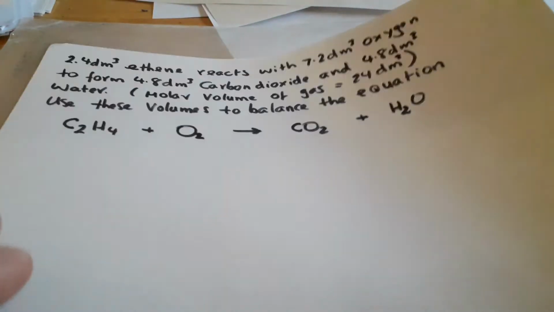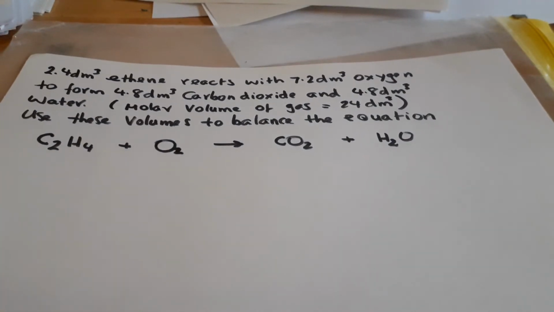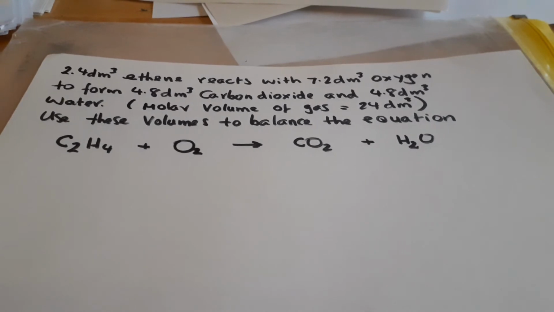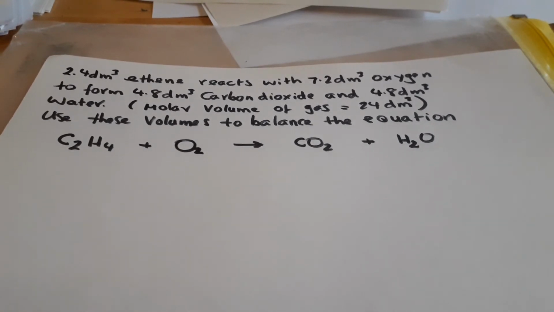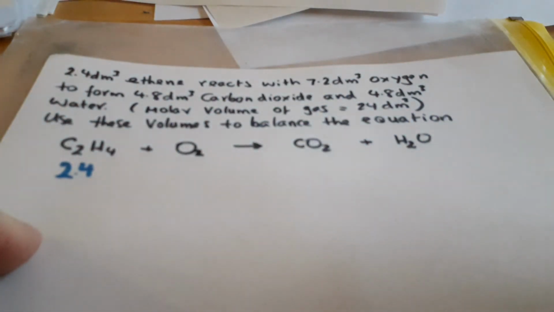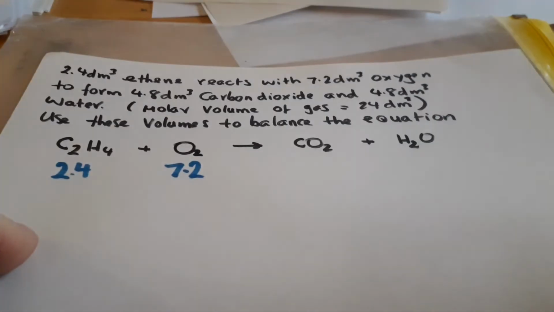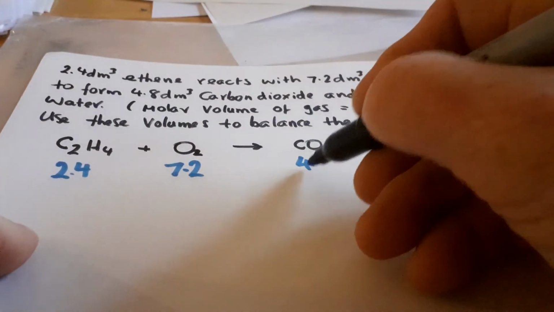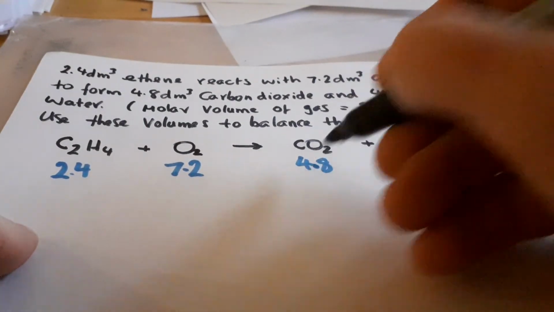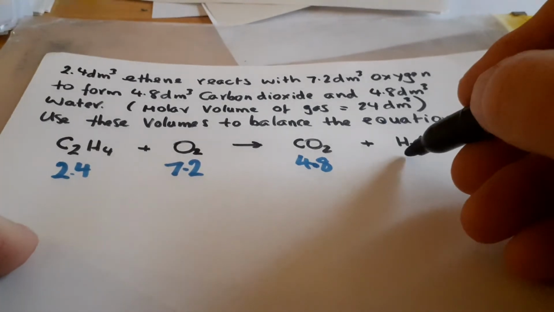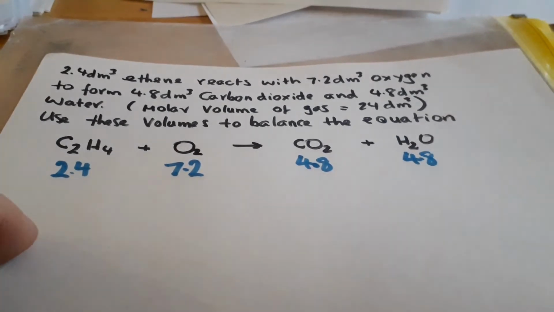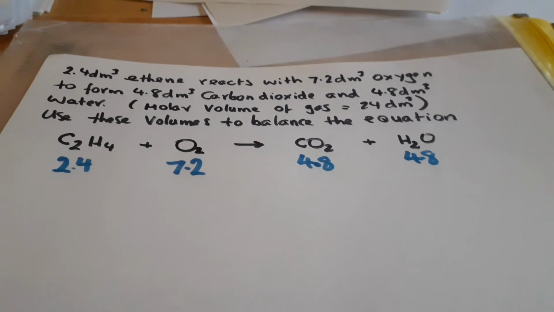One final example. I'm making this slightly harder because I'm going to use volumes of gas. So we've got 2.4 decimeter cube of ethene reacts with 7.2 decimeter cube of oxygen to form 4.8 decimeter cube of carbon dioxide and 4.8 decimeter cube of water, which will be in the form of steam.